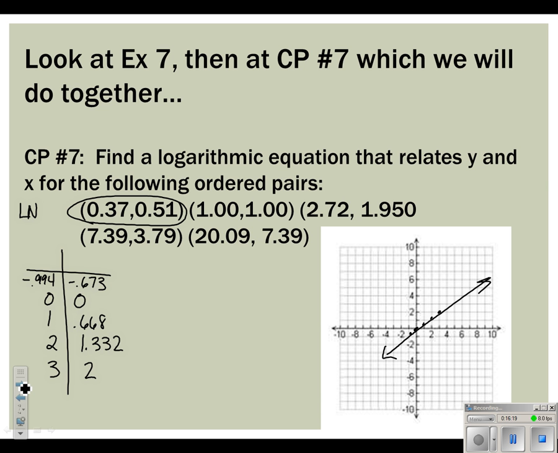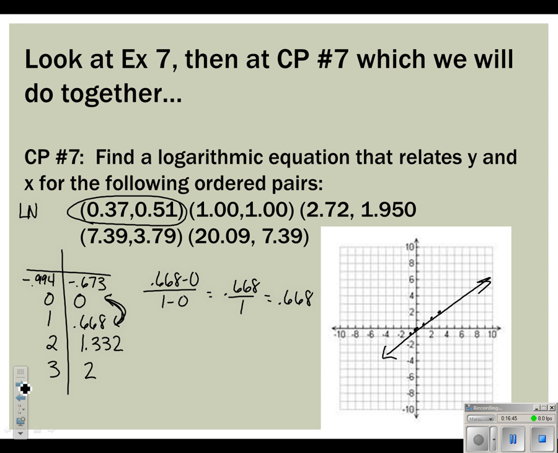Now to find the equation of that line that lines them up, pick any 2 of your points and come up with a slope. Just because 0, 0 ended up in my table, I use these two. My slope between these 2 points is 0.668 minus 0 all over 1 minus 0, which is 0.668 over 1, or 0.668.